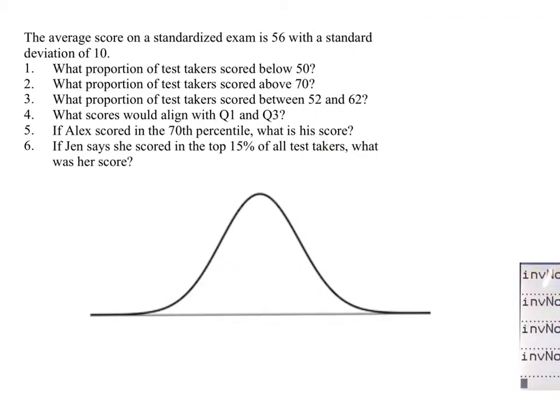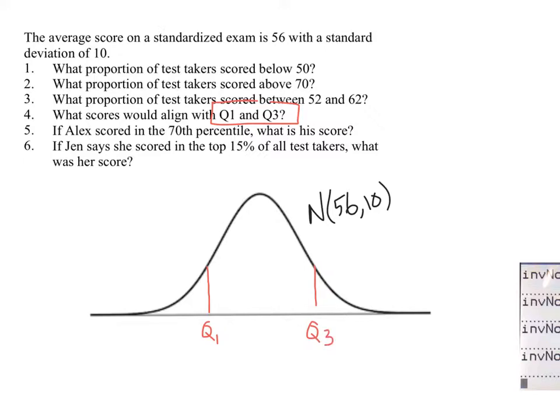So, what scores align with Q1 and Q3? Again, your work would start with saying it's normal, 56 and 10. Let me do the work for number 4 in red. You would say Q1 and Q3.